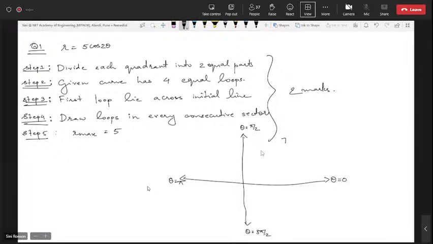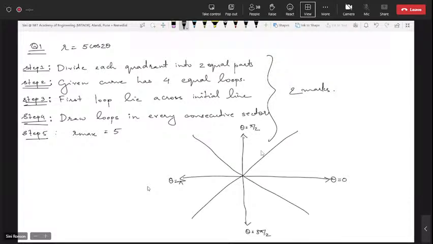Okay, and just draw it again. Okay, so this is the initial line. I'm dividing each quadrant into 2 equal parts here. This is also done. This is also done. Divided each quadrant into 2 equal parts.